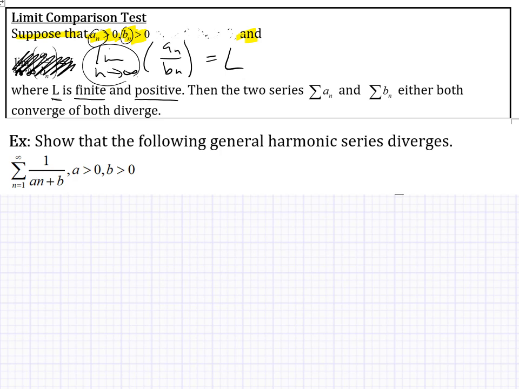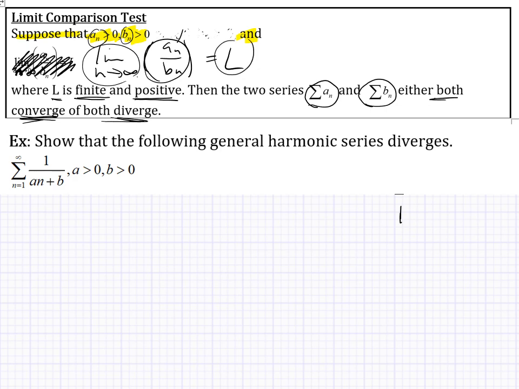If L ends up being a finite positive value, then the sum of a sub n and the sum of b sub n both do the same thing. They either both converge or they both diverge. Okay? So in this case, you don't have to prove that one is bigger than the other. You just have to show that the limit of the quotient is a finite positive value.